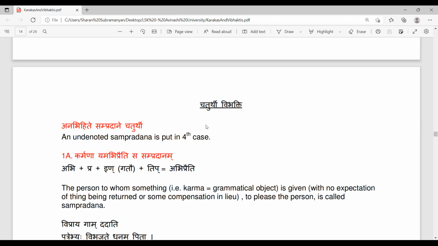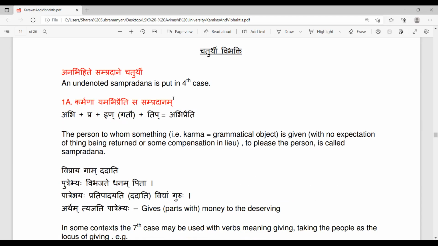Then, what is Sampradanam? Karmana yam abhipraiti saha Sampradanam. Abhipraiti: Pra and Abhi are both Upasargas, prefixed to the Dhatu i, which means going, Gatau, in the second Gana.